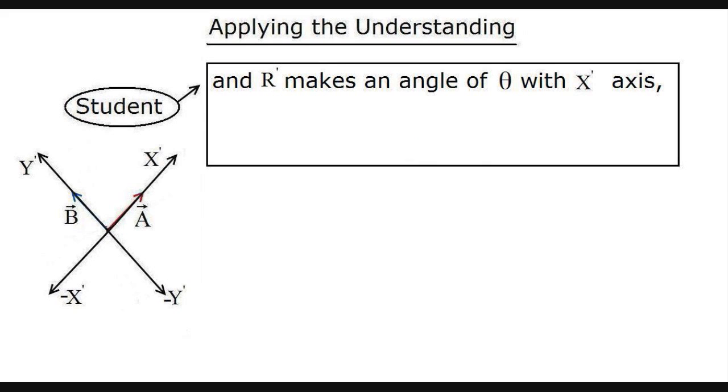And r prime bar makes an angle of theta with x prime axis, where theta is equal to tan inverse 3 divided by 3, which is equal to 45 degrees.